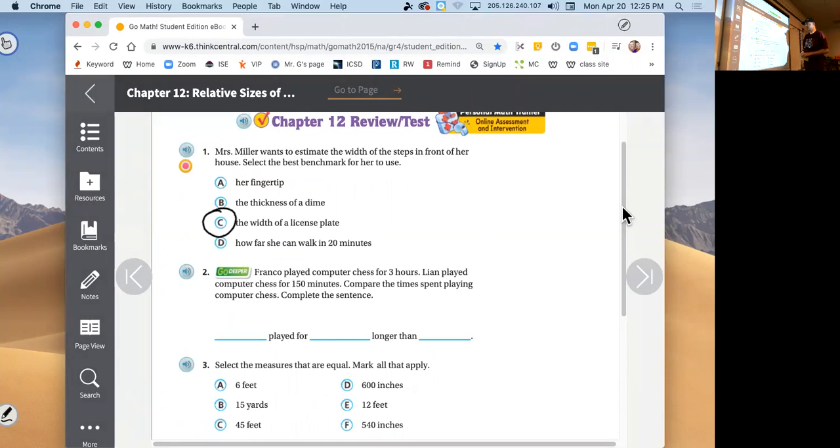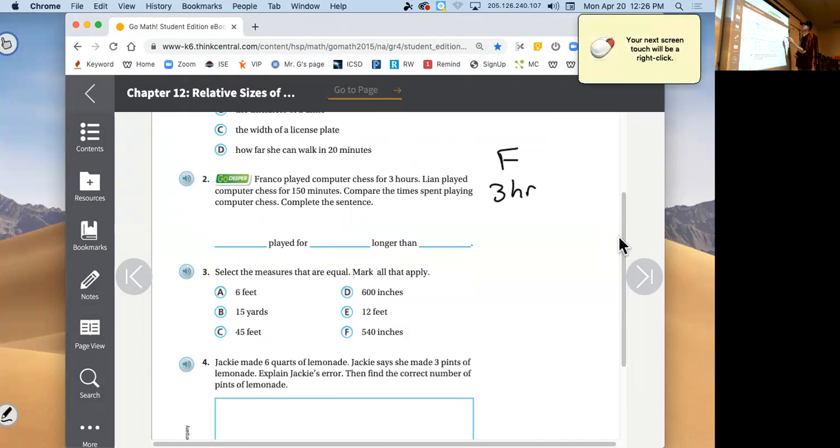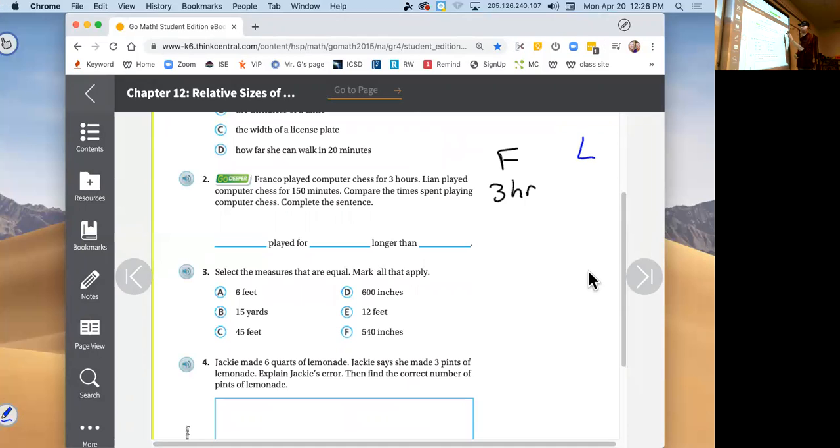Franco played computer chess for 3 hours. Liam played computer chess for 150 minutes. Compare the time spent playing computer chess. Complete the sentence. We know that Franco played for 3 hours, and we know that Liam played for 150 minutes.